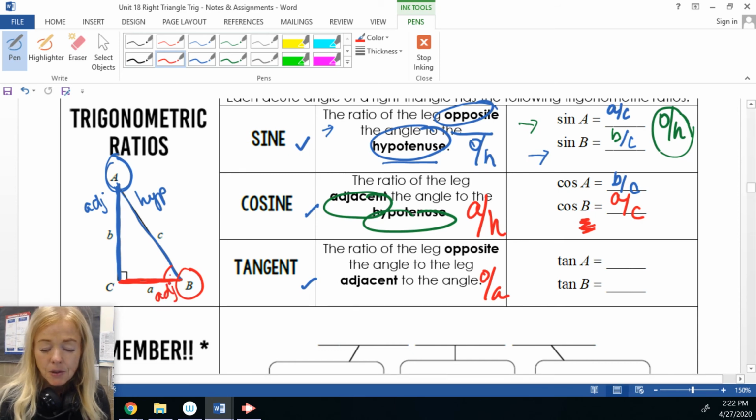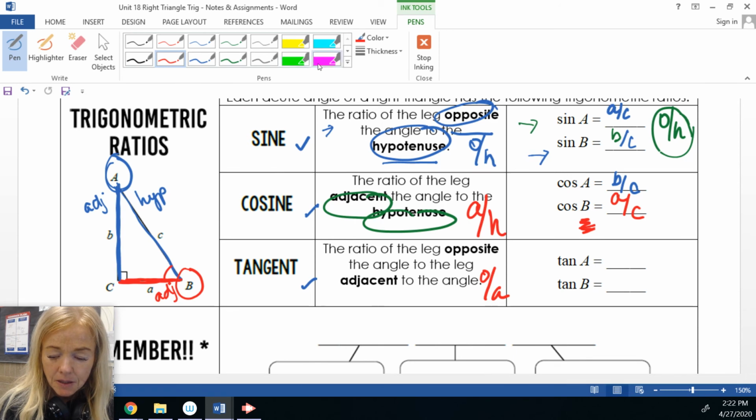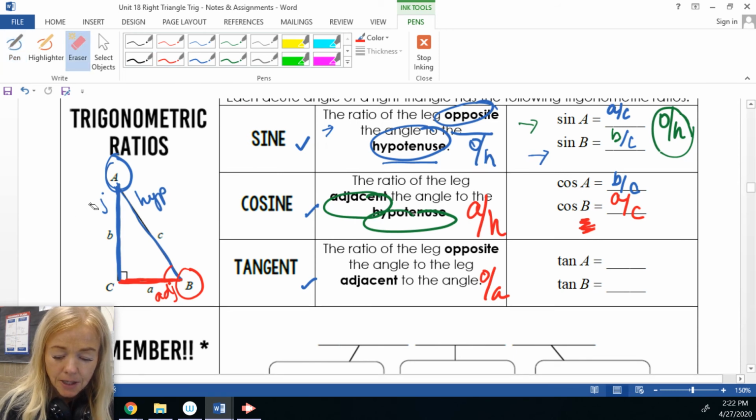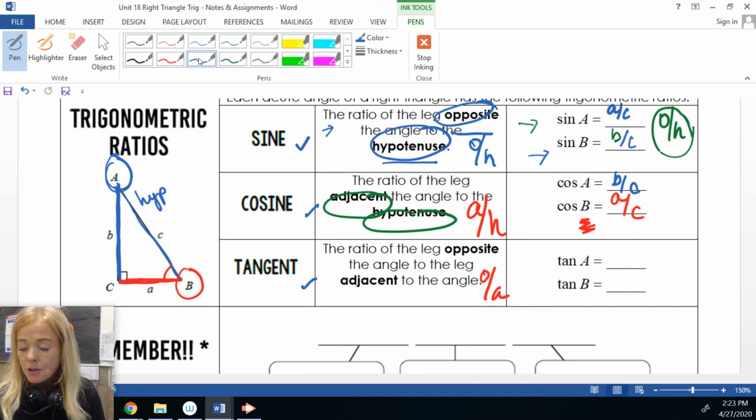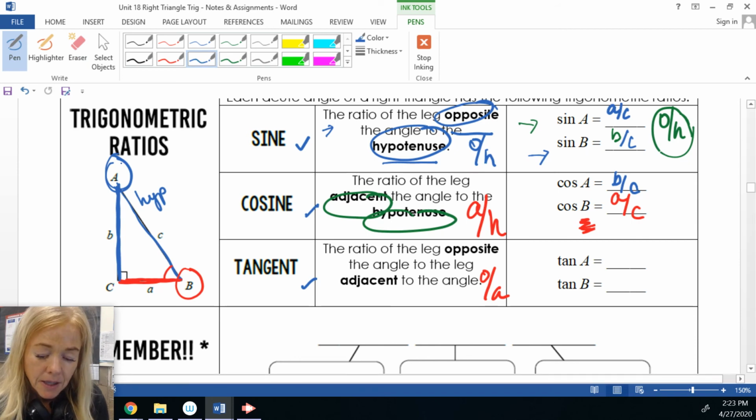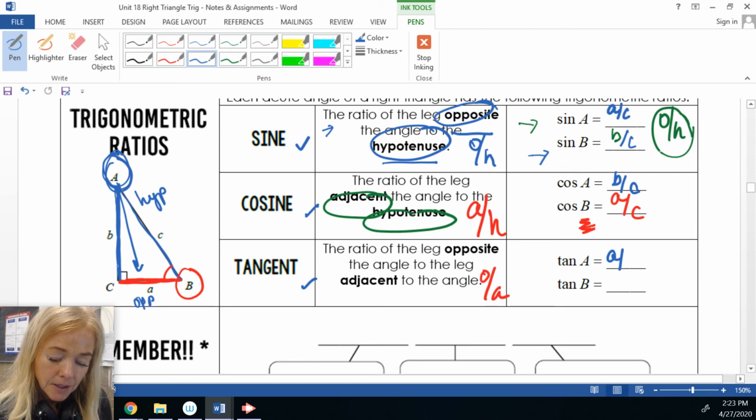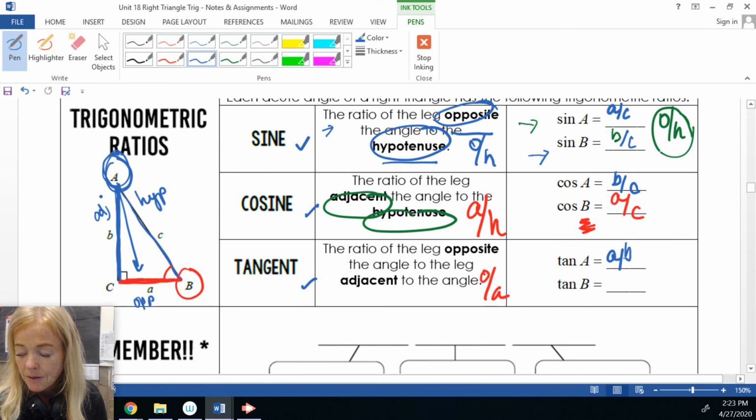All right. So I'm going to leave the hypotenuse alone, or try, because it's always the hypotenuse. I'm going to try to erase these. And we're going to write in blue for A. So if we're looking at tangent A, A is right here again. So tangent is opposite, which is a, over this adjacent, which is b.